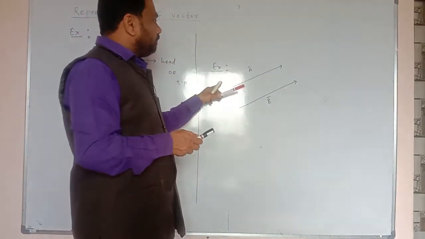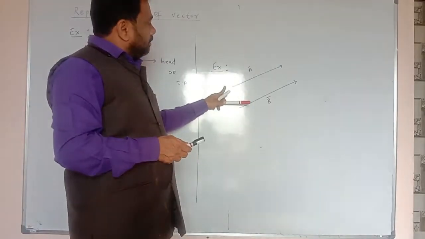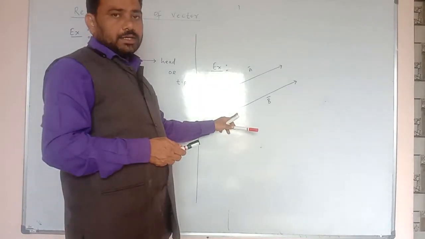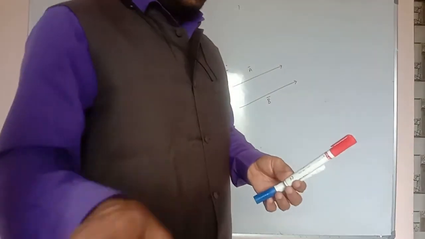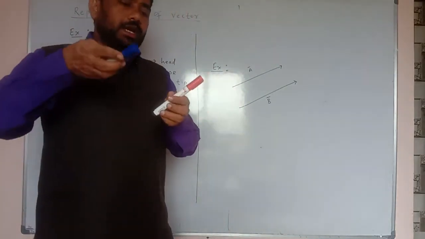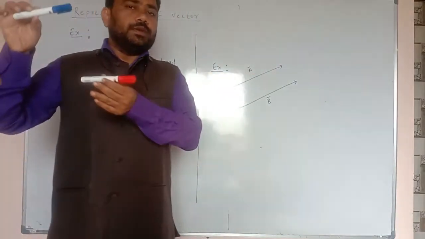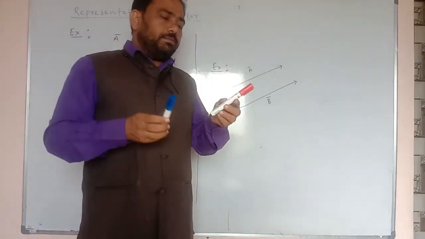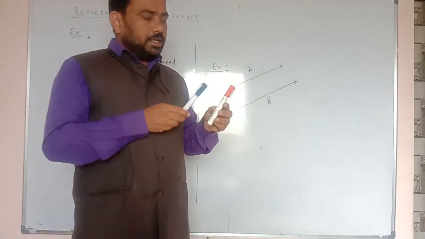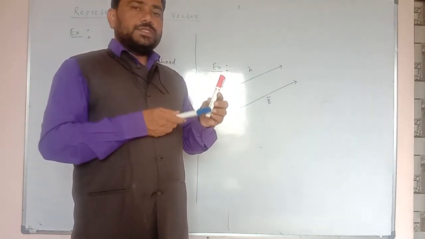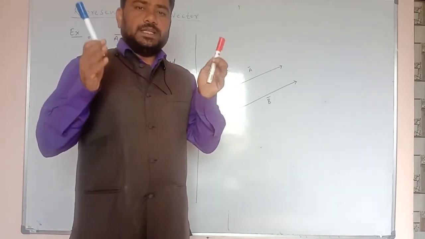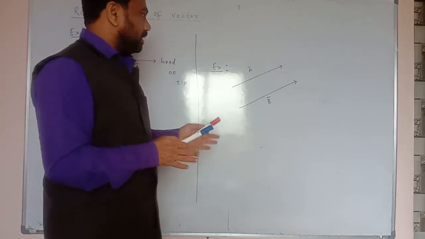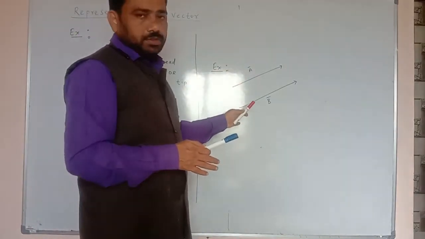Means the length of the first vector and the length of the second vector are both the same. So we can say the magnitude of the two vectors is the same here and the directions are also the same.